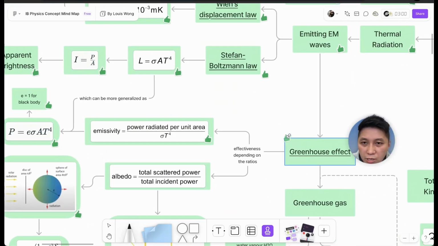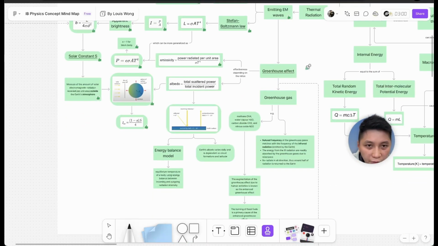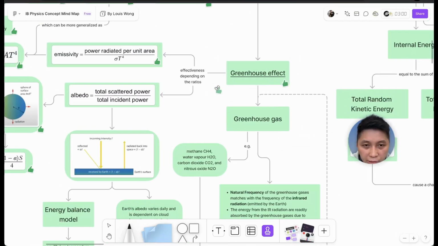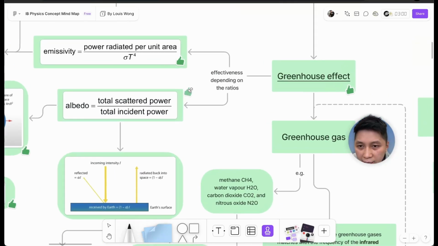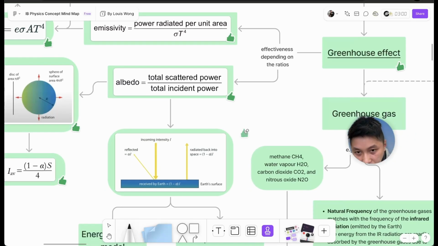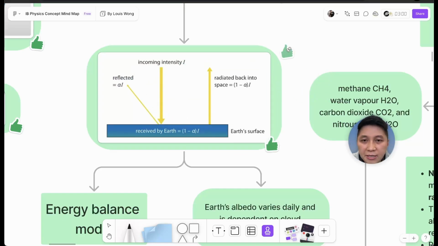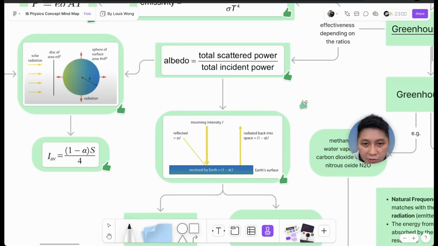The other thing that we would be concerned with before we move on, I guess we are moving on to the greenhouse effect, is something to do with the albedo. Albedo is basically how much can be reflected. In a diagram like this, there is an incoming intensity and it gets reflected, and the ratio of the two is defined as the albedo.